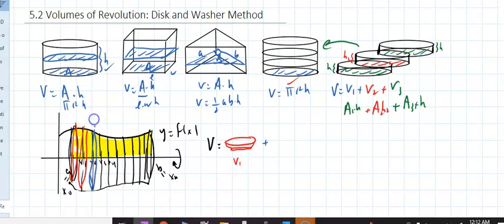I'll go to the next piece. As this rotates, if I cut this right here, this first width is delta x, assuming those are all the same. Here again, if I picture this second piece, it would look like this. So it could be curved in or out depending on f of x.